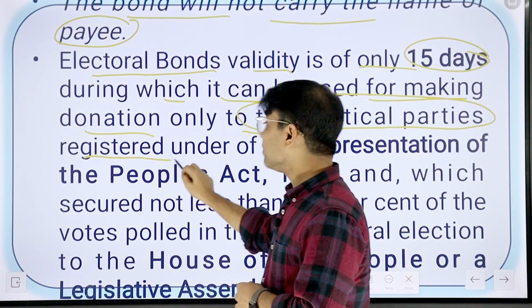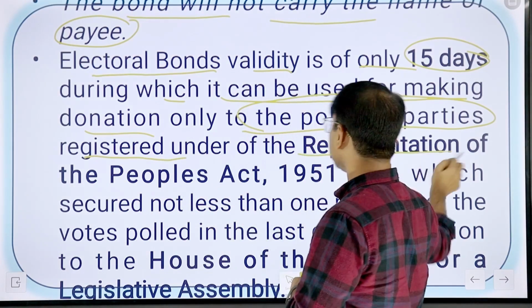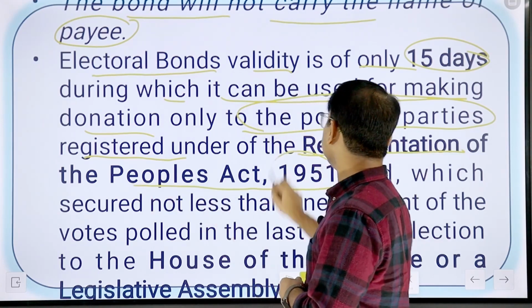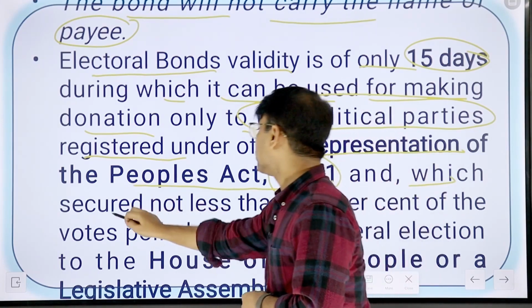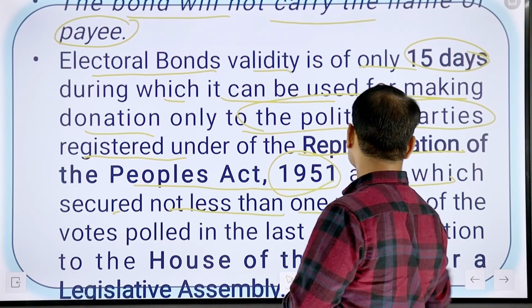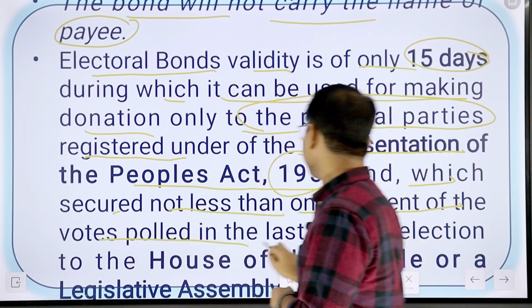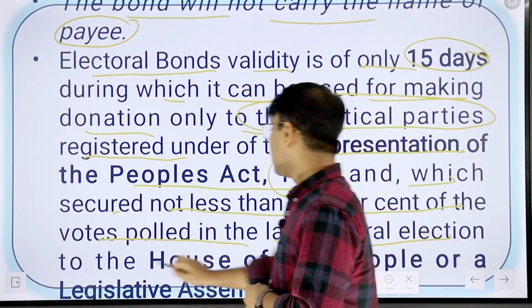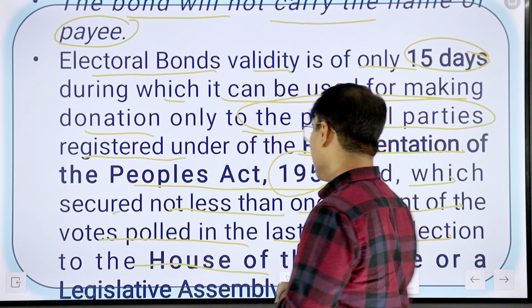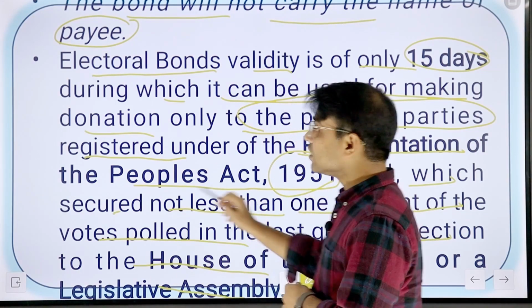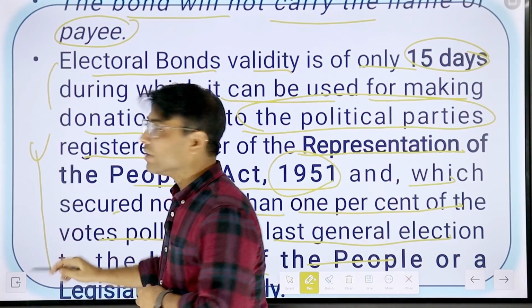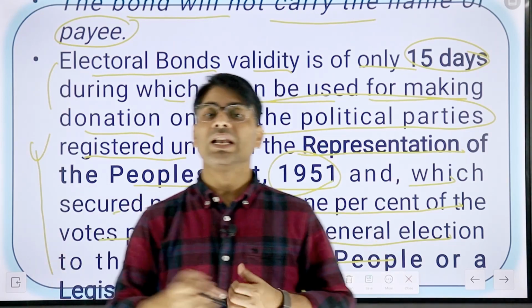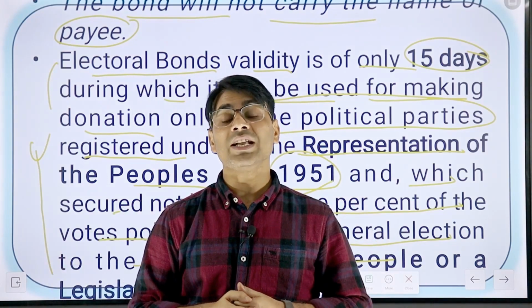And that political party must be registered under the Representation of the People Act 1951, and must have secured not less than 1% of the votes polled in the last general election to the House of the People or the Legislative Assembly. These are some of the important criteria for a political party in India to access the electoral bond system.